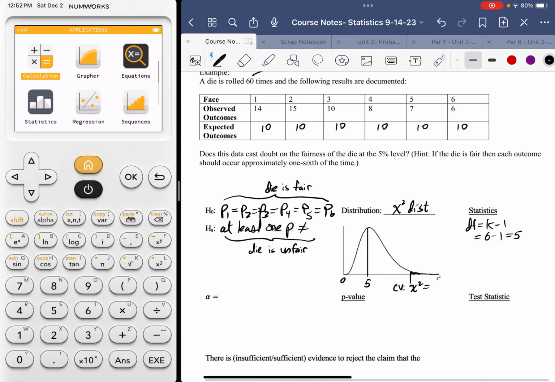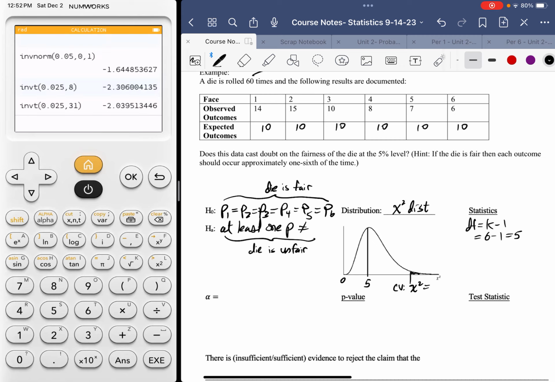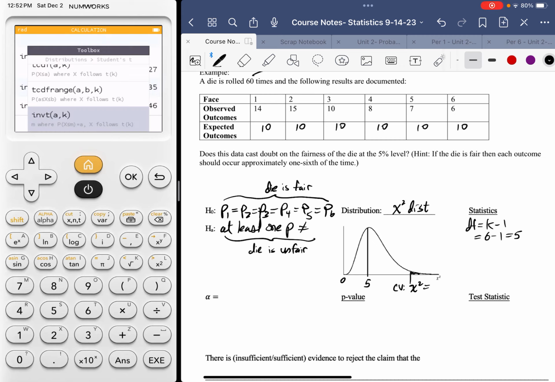So we'll just focus on the critical value. If I go into my calculator and look at my distributions, you have the normal, student T, binomial, Poisson, geometric, and hypergeometric. It does not give us the chi-square distribution. So we run into a little bit of a problem there.